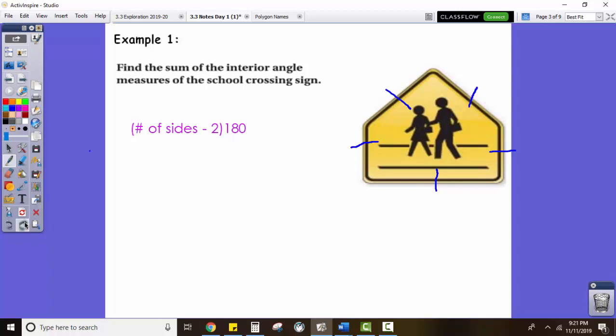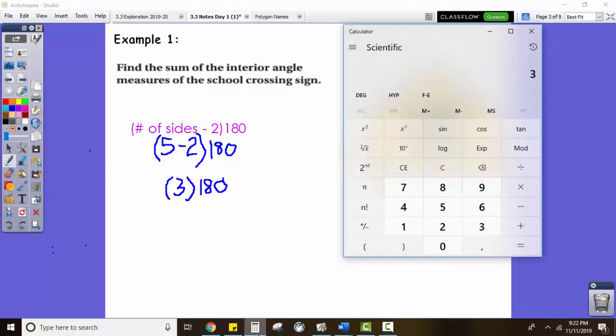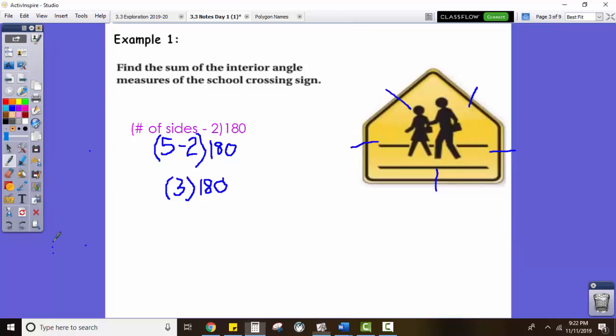So I know I have 5 sides, and I will subtract 2, and then multiply it by 180 degrees. 5 take away 2 is 3, and when I do 3 times 180, it equals 540 degrees.